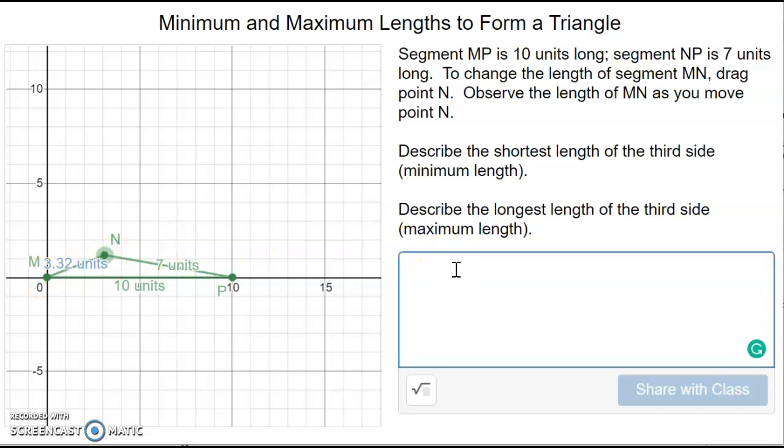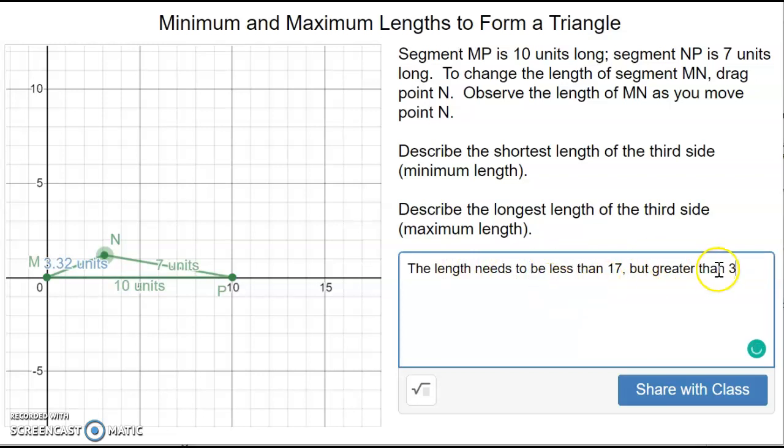So the length needs to be less than 17 but greater than 3.